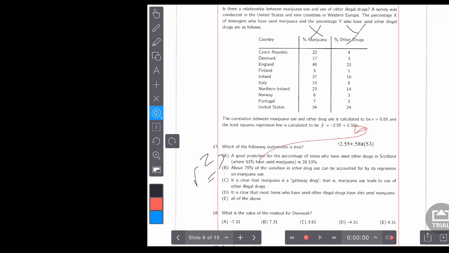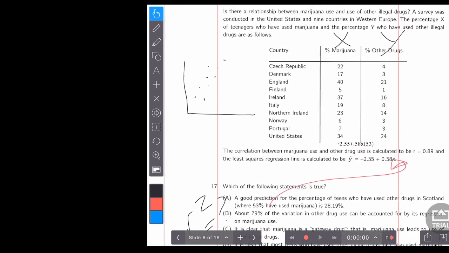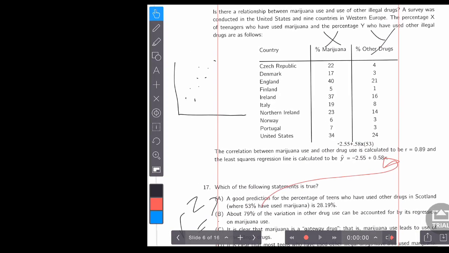Just because there's a relationship, and what I'm drawing right now is not necessarily the scatter plot of this, but let's say you have a relationship that looks like it's going up like that. Just because that relationship exists in this range of values doesn't mean it's going to exist out here. It could be that something else happens out there.